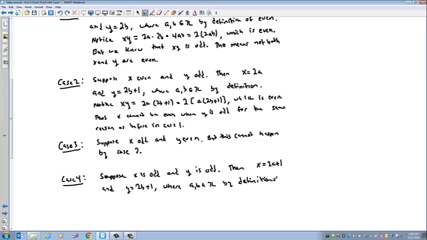If you want to write by the definition of even and odd, you can, but I think it's pretty clear. By definition of odd.